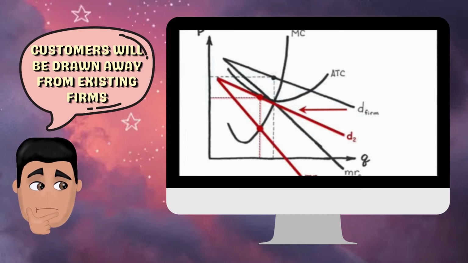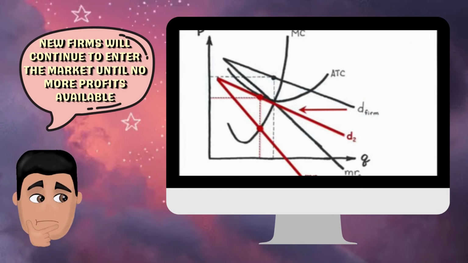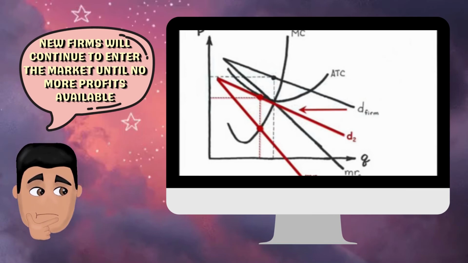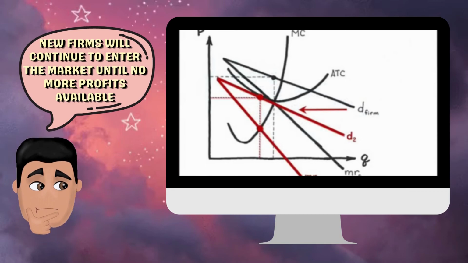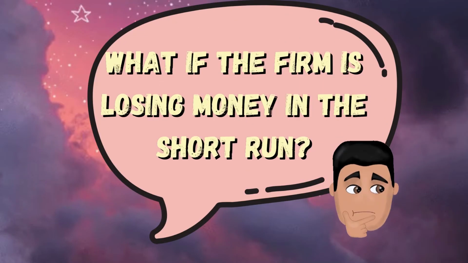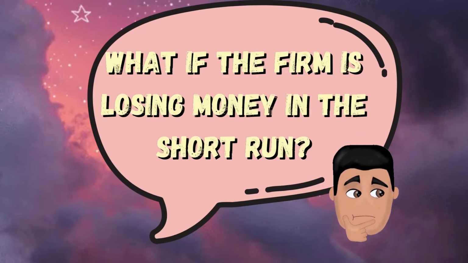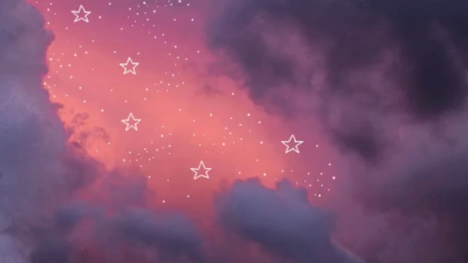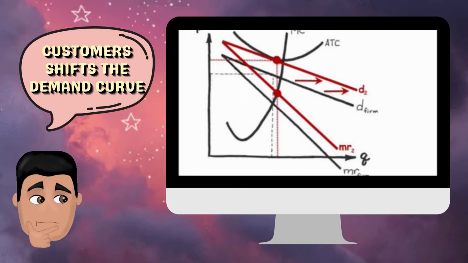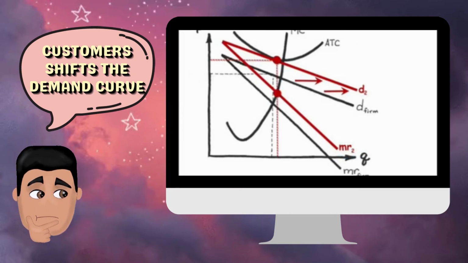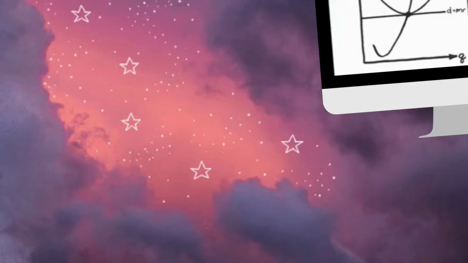Remember, if profits still exist, new firms continue to enter until there are no more profits to be had. What if the firm is losing money in the short run? In the long run, then some firms will leave. Their customers will have to shift to other sellers, so that the remaining firms will see their demand curves increase until such point as they can break even. At that point, exit from the industry stops. So in the long run, like the perfectly competitive firm, the profits are driven to zero.